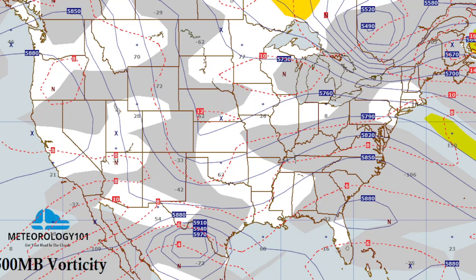We're going to label that 500 millibar vorticity. Alright, we go to the 300.